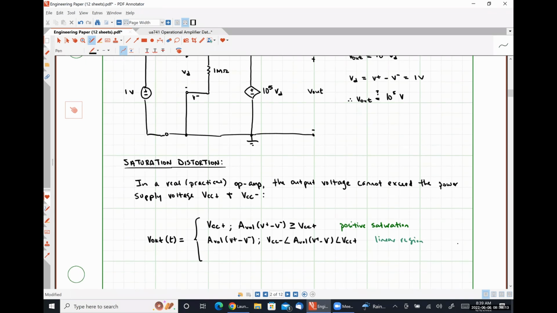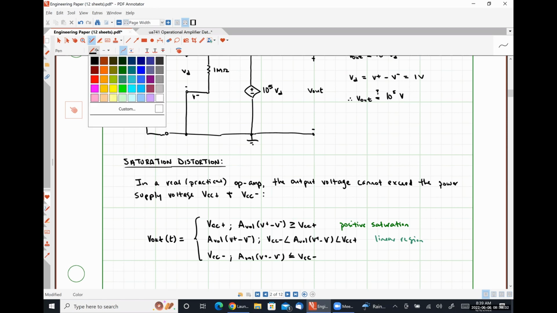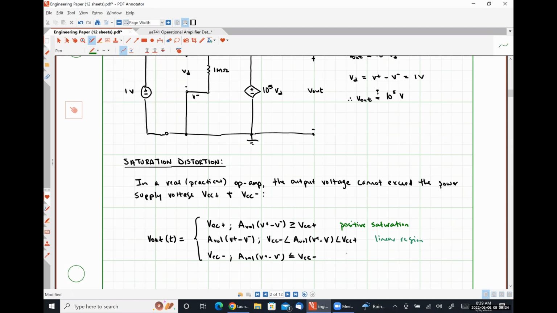And finally, our output voltage will be VCC minus when AVOL times V plus minus V minus is less than or equal to VCC minus, which we'll call negative saturation.